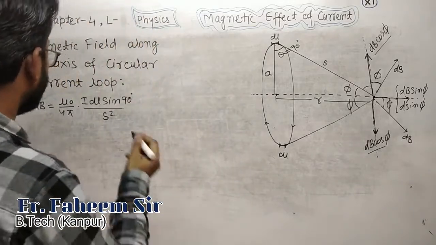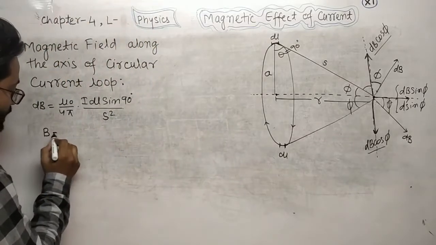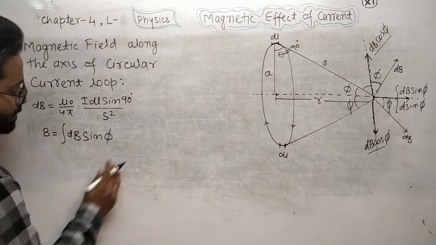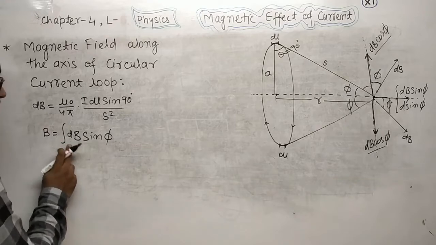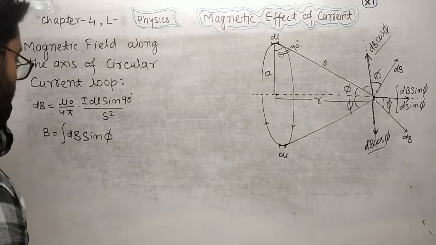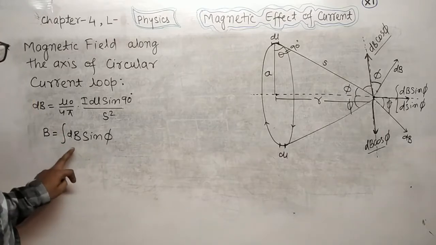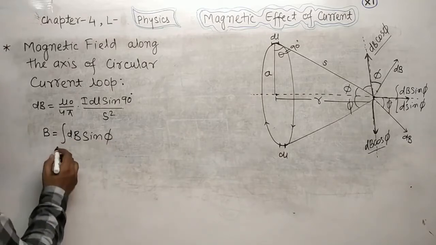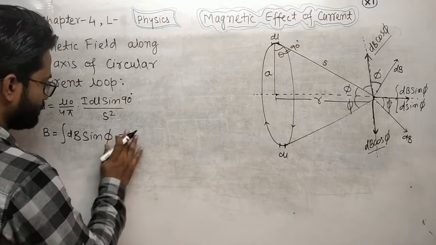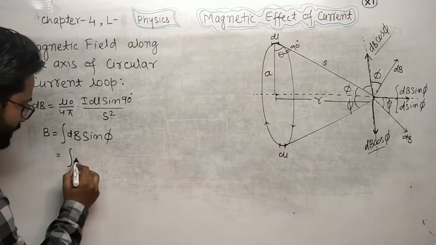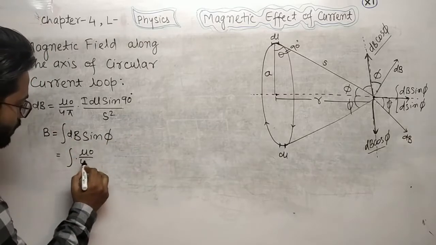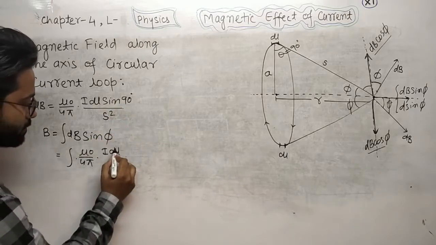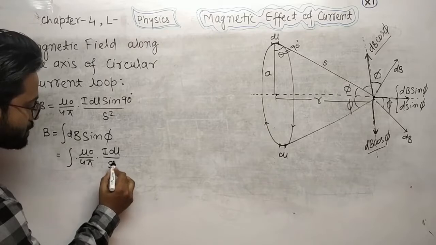The final magnetic field will be the integral of dB sin phi. Let us put in the value of dB: mu naught upon 4 pi, I dl sin 90 which is 1, upon s square.